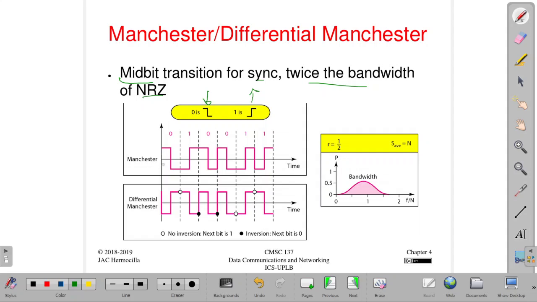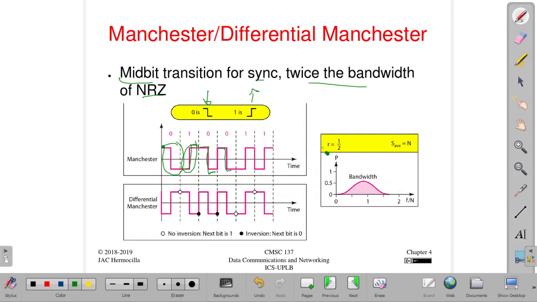So let's say for Manchester, again, this is 0, this is 1, transition from high to low, and then 0 again, so low to high, then 0 again, so low to high.